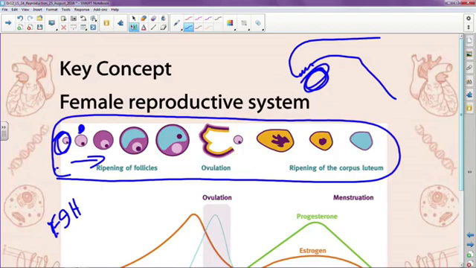Right, so FSH, we make a follicle, okay? That follicle is called the Graafian follicle. As it gets bigger, it produces more and more and more estrogen, okay? The minute there's a lot of estrogen, there's too much estrogen, then the body knows, okay, it's time for this thing called ovulation to happen.